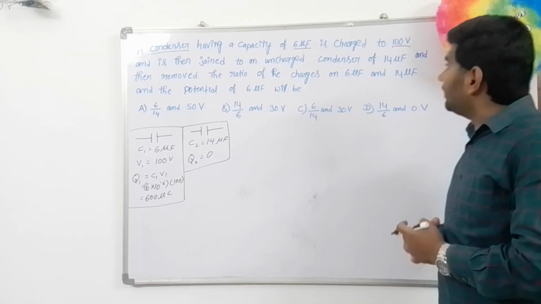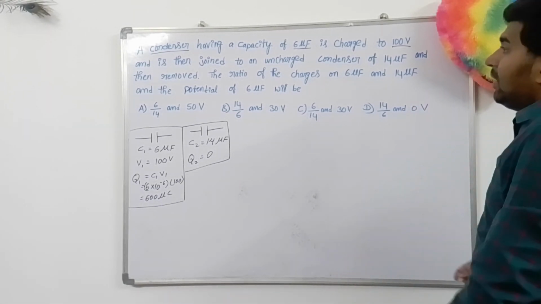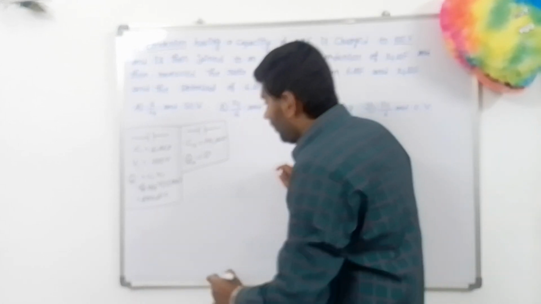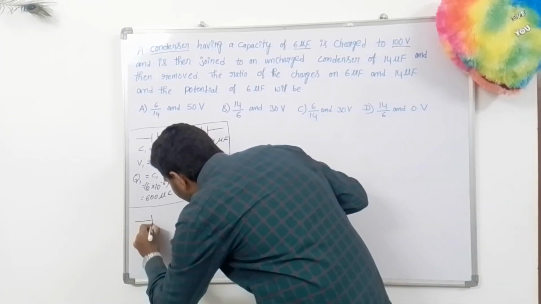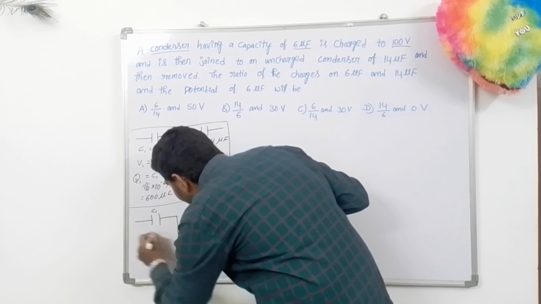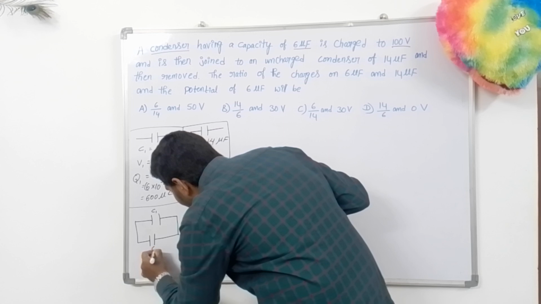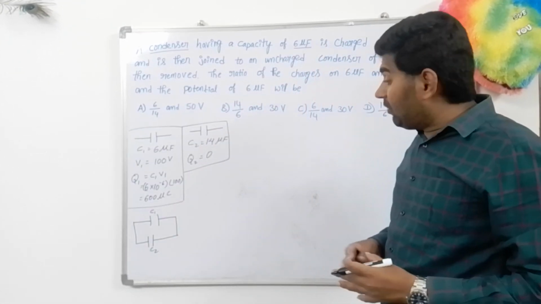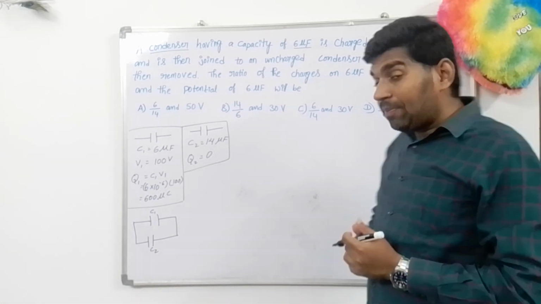Now, what they are asking, if those two capacitors are joined together, the first capacitor C1 and second capacitor C2, if these two join together, what will happen?